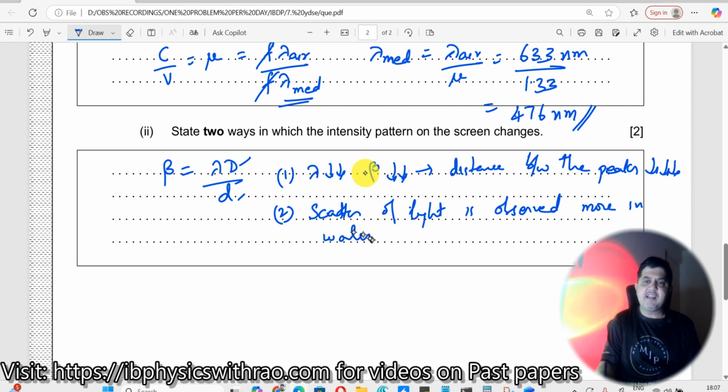What do you mean by scattering? First of all, light comes and falls into water, then it gets scattered here and there, and the amount of light that falls onto the screen is very, very less, right? As a result of it, what will happen? Intensity will decrease, right?